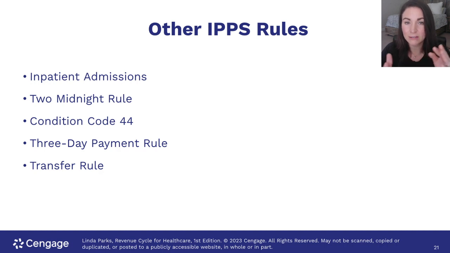When they do this, they have to report condition code 44, which is that third bullet point, on the outpatient claim. The 2 midnight rule is for when the doctor thinks the patient will need less than 2 midnights of hospital care. This can be payable under Medicare Part A on a case-by-case basis. The doctor has to document that an inpatient admission is necessary and explain why.